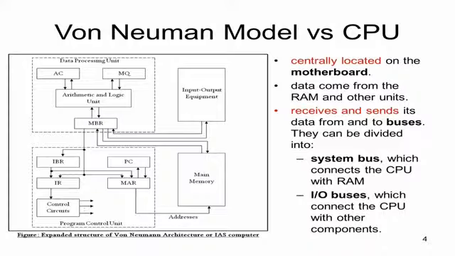Von Neumann is a man that designed the architecture of the computer, and while he designed it, he was able to partition the computer into three major parts: the data processing unit, the program control unit, and the memory. But usually you would see most computer architectures divided into the control unit and the arithmetic logic unit.